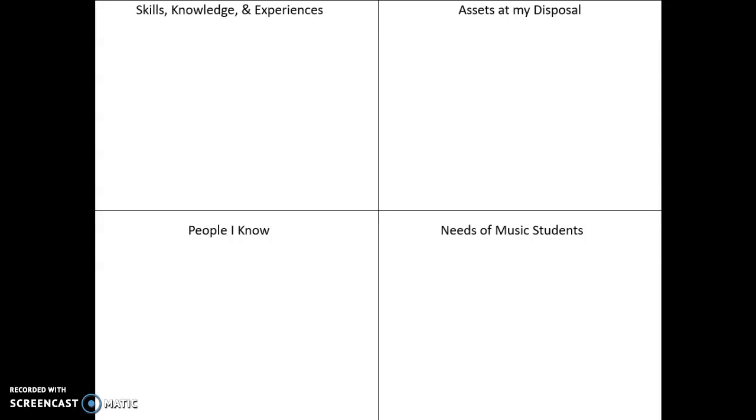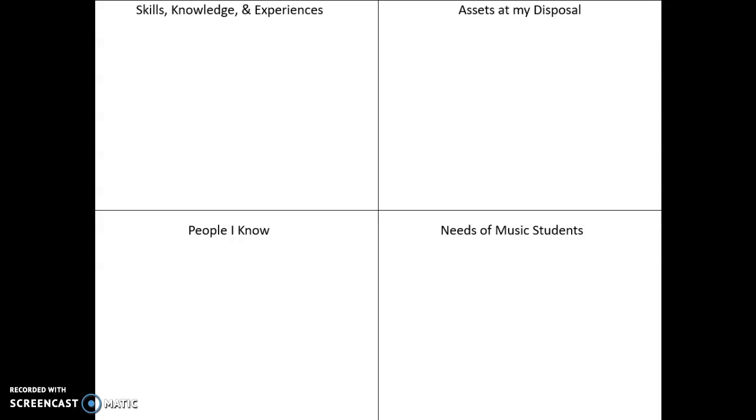In the third quadrant, create a list of people you know, family, friends, contacts at school or at church, who you could rely on to help you out with a new idea. Finally, in the fourth quadrant, list what you see as the needs of music students today.